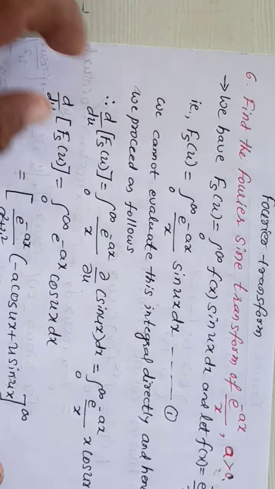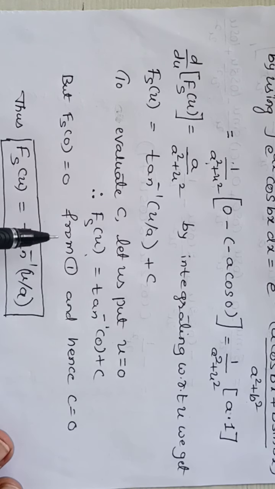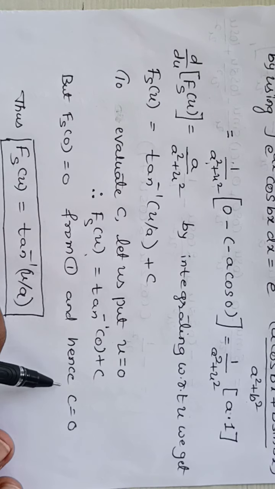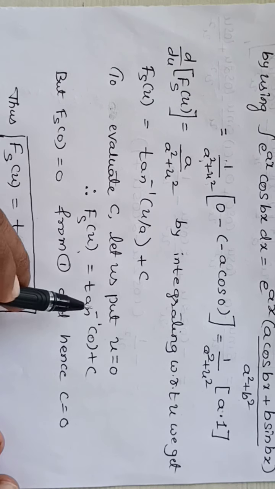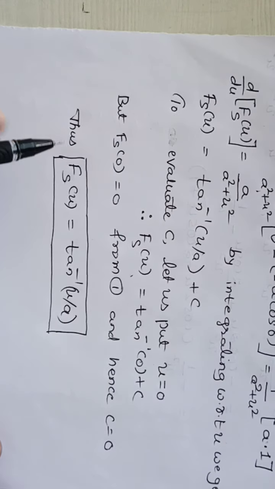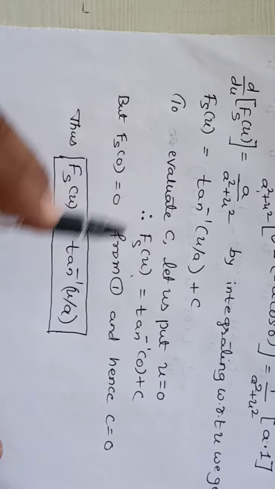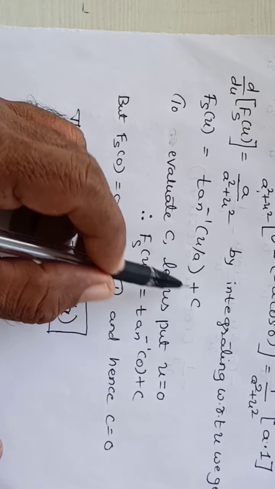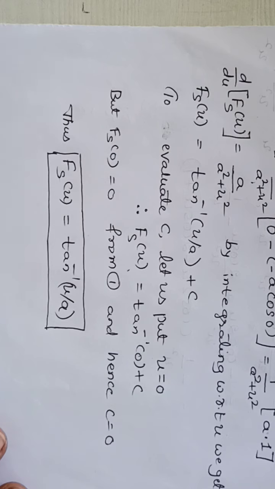So F_s(0) is 0, and hence c is equal to 0. Therefore F_s(u) = tan inverse u by a plus c, where c is 0. So this is the final answer for this problem. I hope you understood this problem. Very simple problem.